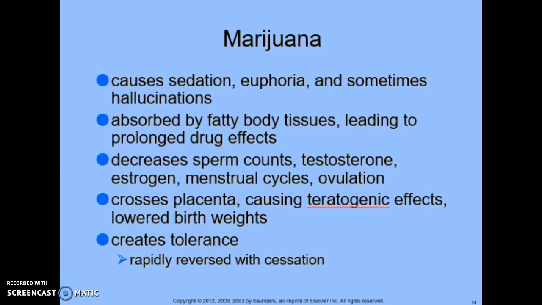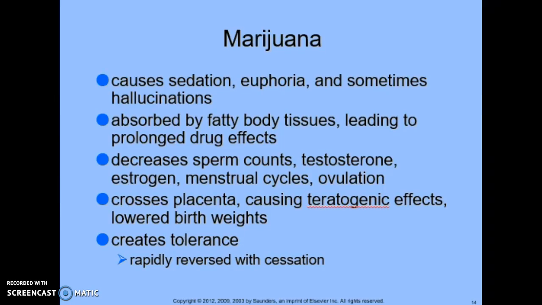Marijuana. Marijuana causes sedation, euphoria, and sometimes hallucinations. It's absorbed by fatty body tissues, leading to prolonged drug effects. It decreases sperm counts, testosterone, estrogen, menstrual cycles, and ovulation. It can cross the placenta, causing a teratogenic effect.